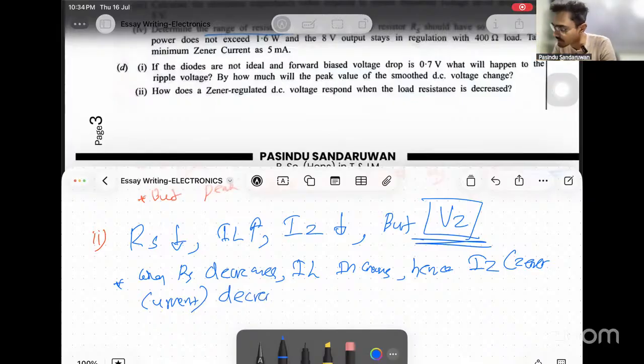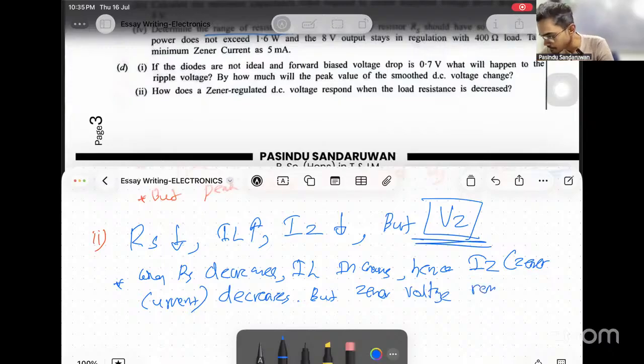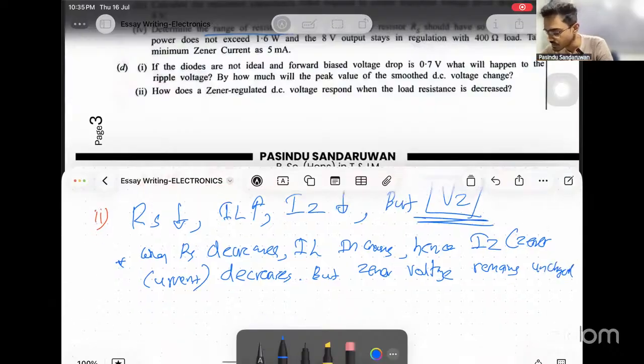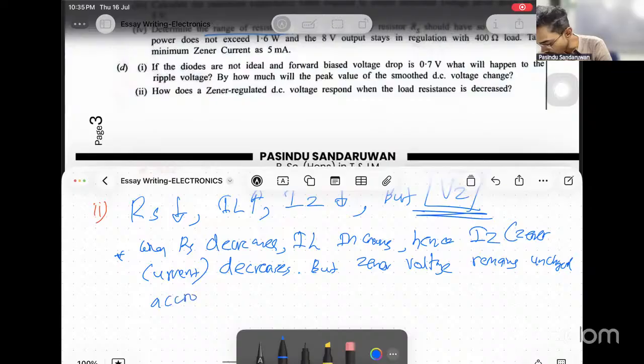But the Zener voltage remains unchanged across the Zener diode.